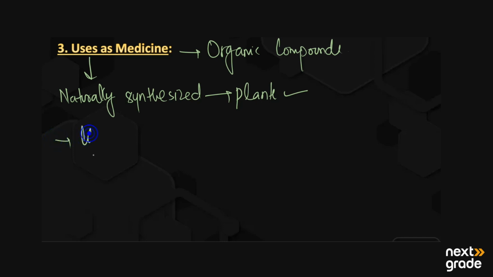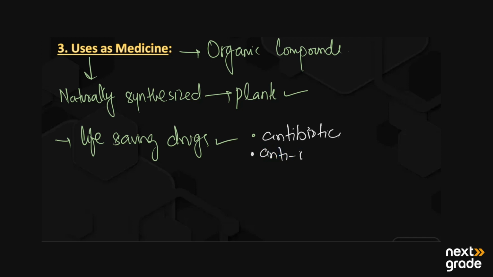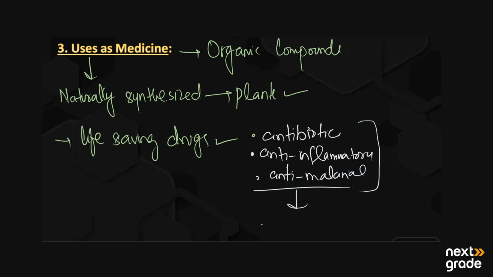And most of the life-saving drugs are prepared artificially, and they may be antibiotics, anti-inflammatory, and anti-malarial drugs, which are also synthesized in the laboratory for the sake of life.